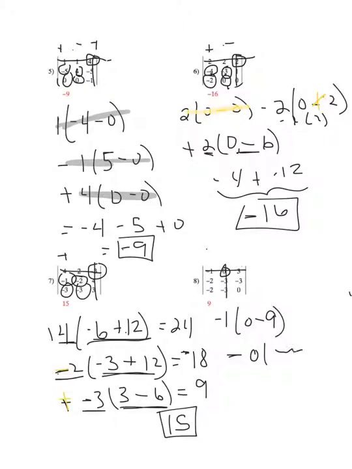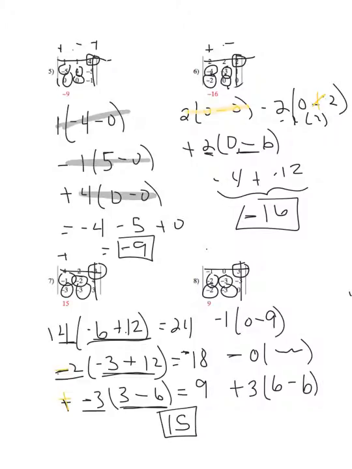Now, what does it matter what's in there? I'm not even going to put anything in there because 0 times whatever is not going to matter. It's just going to be 0. And then plus the third one, 3 times whatever its determinant is. So negative 2 times negative 3 is 6 minus negative 2 times negative 3 is 6.